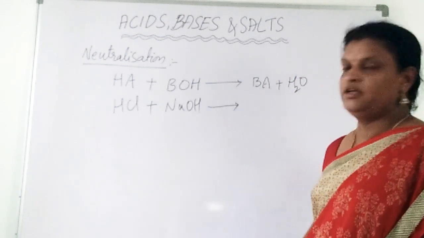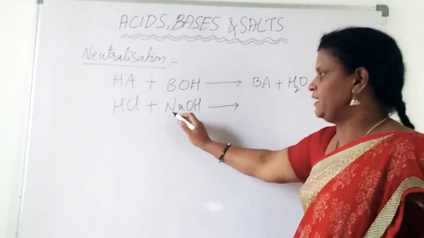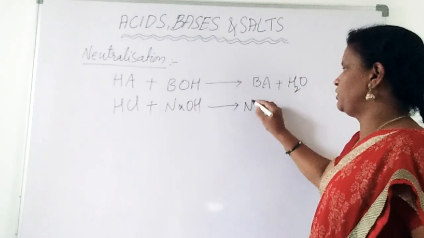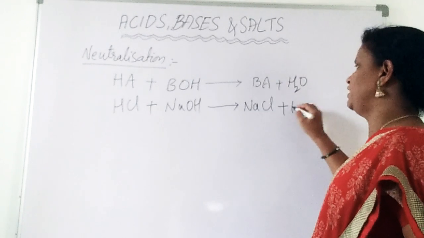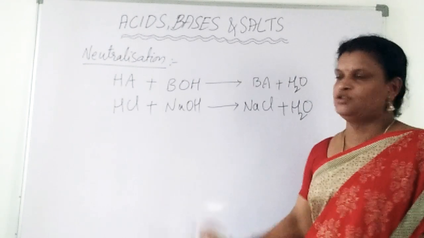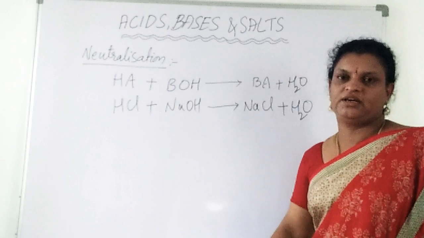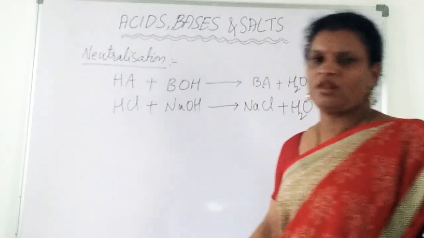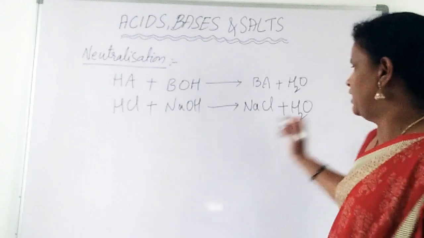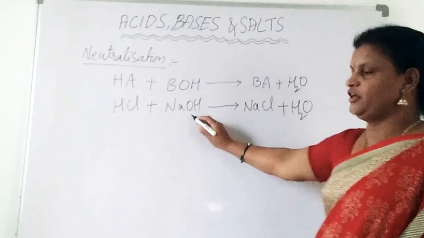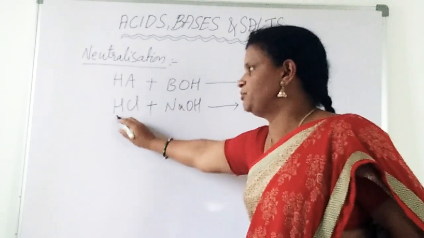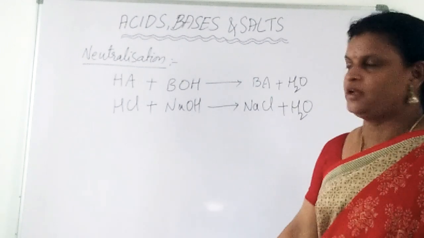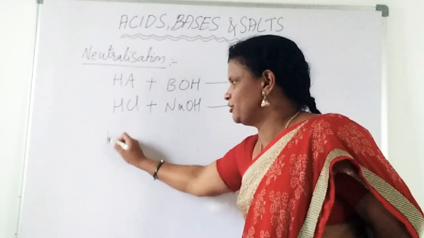So what we have seen, salt will contain cation of the base and also anion of the acid. So here we are going to get sodium chloride and along with that water. Sodium is the cation present in sodium hydroxide and the anion, chlorine, is present in the acid, hydrochloric acid, and along with that H2O is formed. OH present in the base and hydrogen present in the acid will react together to form the water, right?